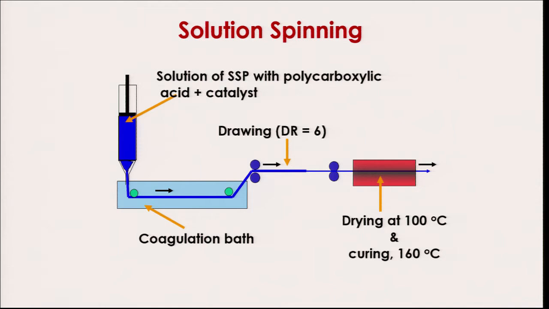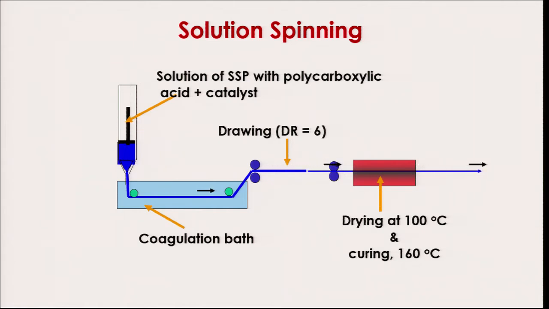So, if I make a solution of this particular polymer in a suitable solvent with a cross linking agent like polycarboxylic acid and a catalyst which will help in the cross linking reaction, I can solution spin these fibers.